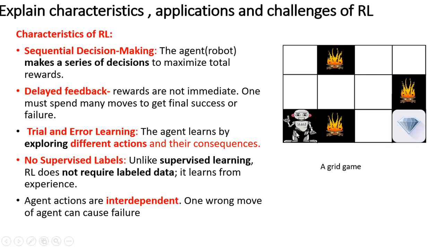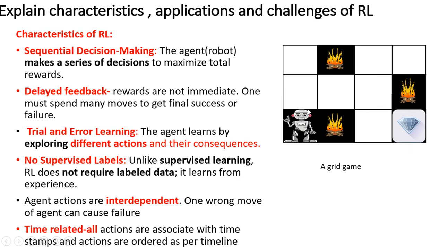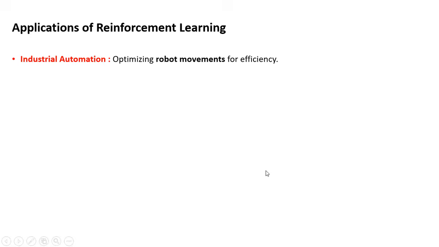So here the robot is the agent, the diamond is the goal, and the agent will be using some kind of an algorithm, which is nothing but a policy, in order to make its move. All these actions we observe are time related, right? It's a sequential decision making method where the actions are associated with timestamps and ordered as per the timeline.